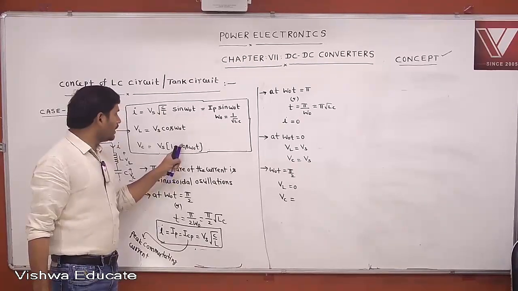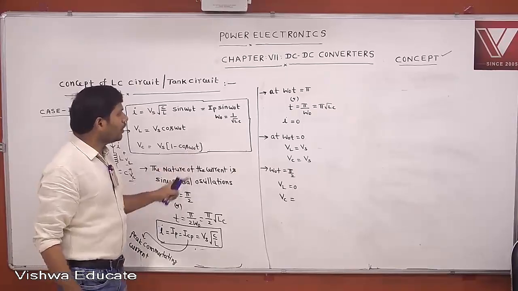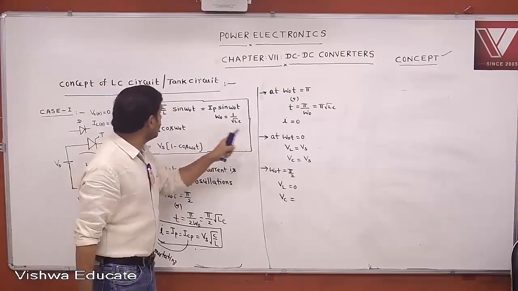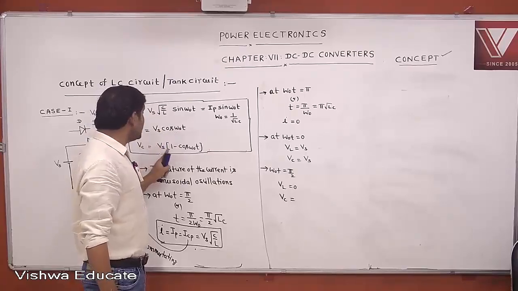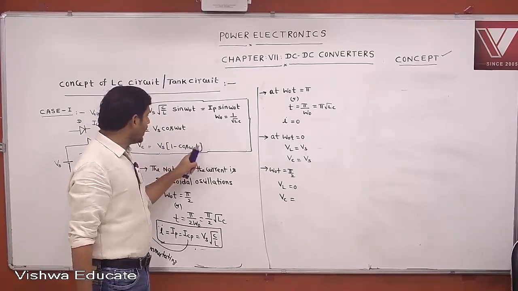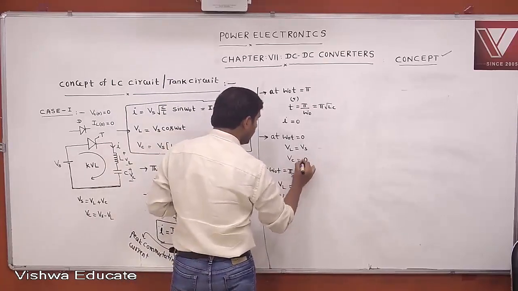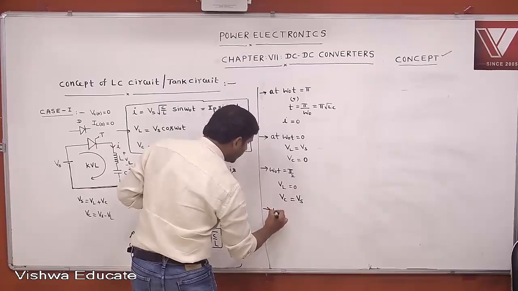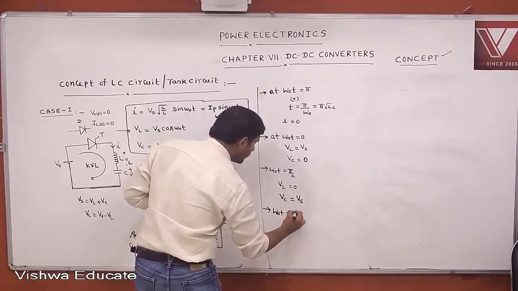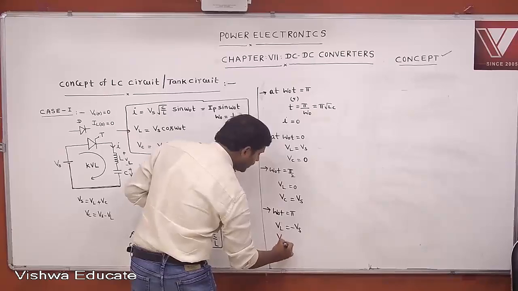At omega naught t equal to pi by 2, VL equals 0, and VC equals VS. Tell me, at omega naught t equal to pi, what is VL? Minus VS. VC equals 2 VS.